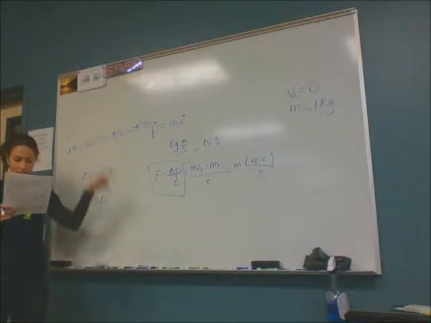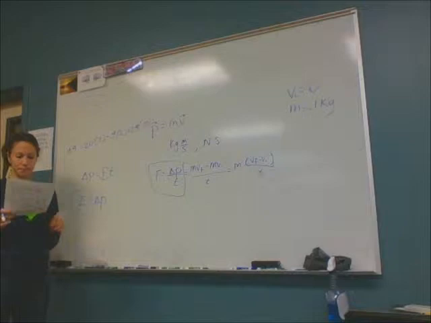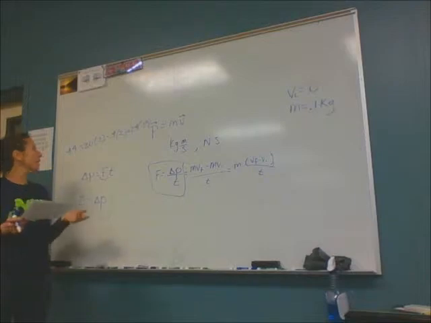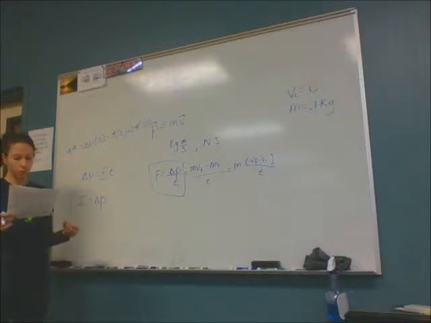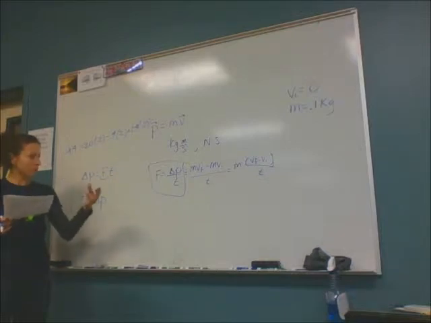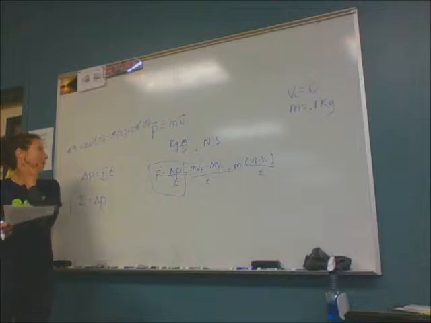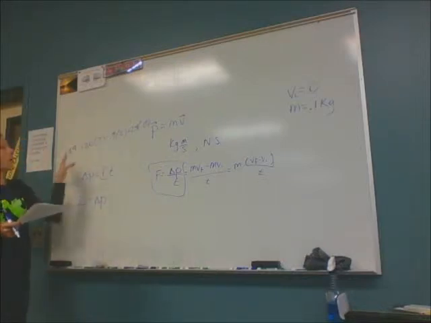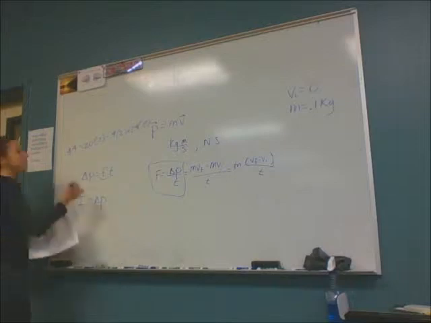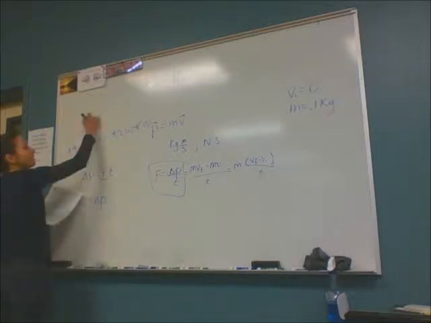Force is a vector, so that's the direction. So I've got 4.4, and that is equal to the impulse, which is equal to delta p, the change in momentum. All of the forces times their times added together, 4.4, is equal to my final momentum minus my initial momentum.